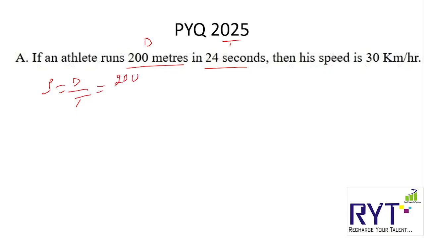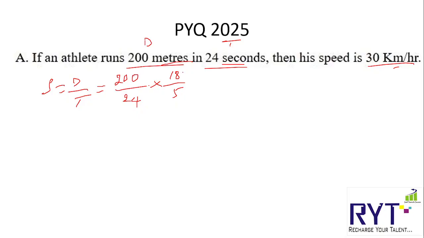Distance is 200, time is 24. So this is in meter per second. Remember this already, it is in meter per second, but the question is in kilometer per hour. So we have to multiply by 18 by 5, because we are converting meter per second to kilometer per hour.